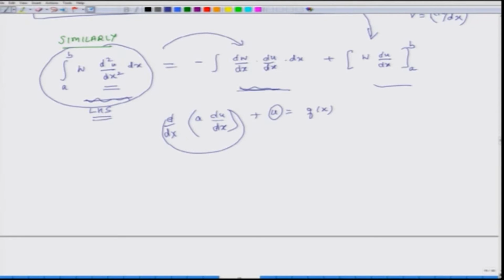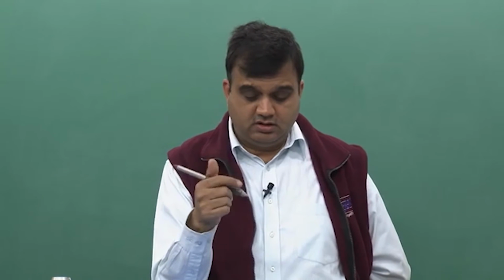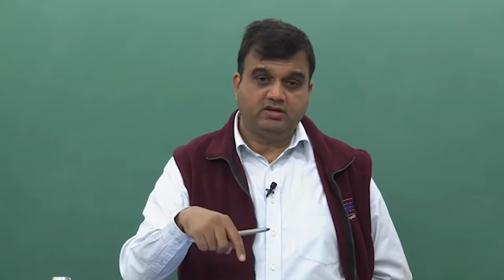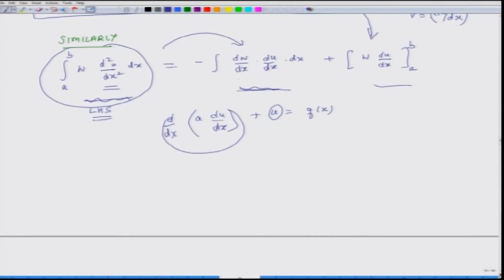So my requirements of differentiability for u have gone down by 1. And the second thing is, this is symmetric, no, okay. Right now I will not call it symmetric, but the requirement on w is class 1, requirement on u is also class 1.